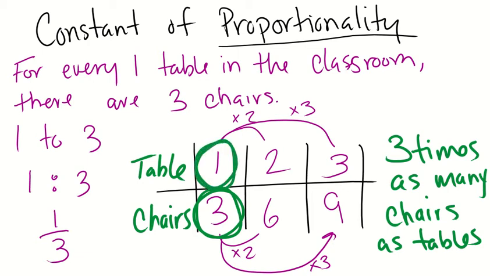And guess what? That number, that's the constant of proportionality. It's saying that no matter the ratio, the second term will constantly be 3 times the first term.